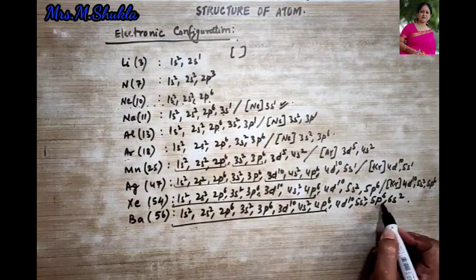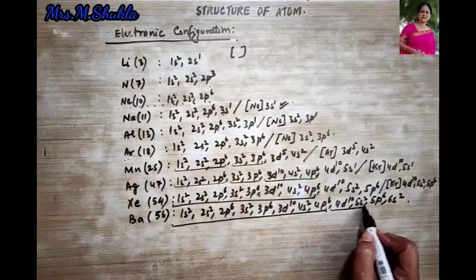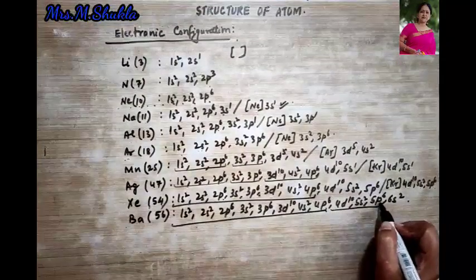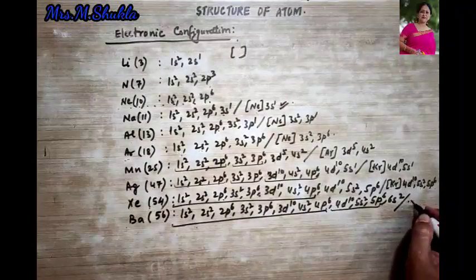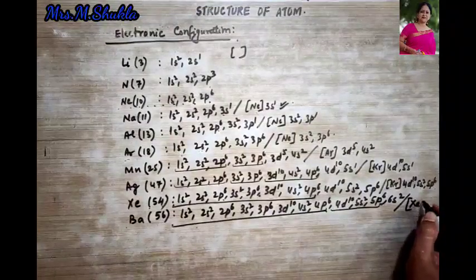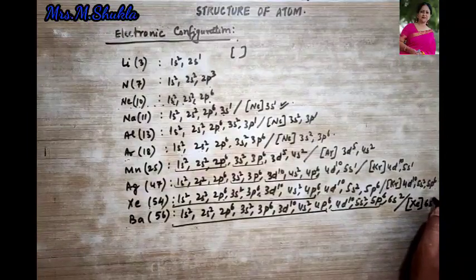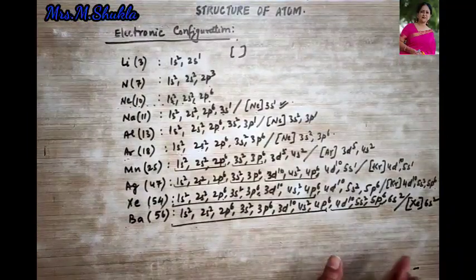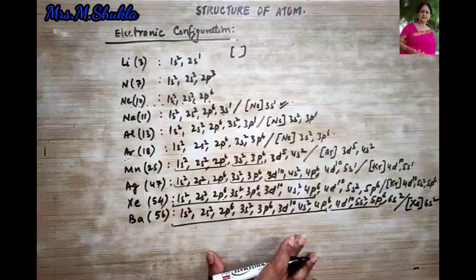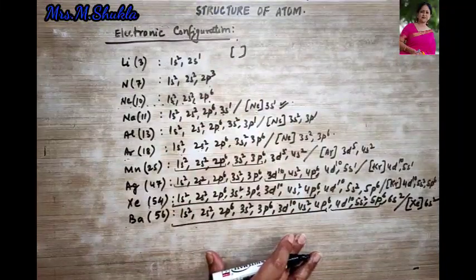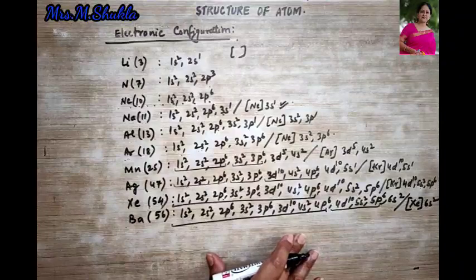Do we have 5p6? Yes. So till here we have reached where? Xenon. So the condensed formula of barium will be what? Xenon 6s2.